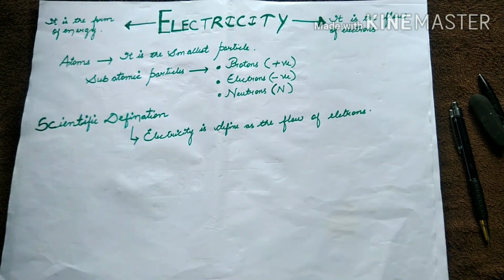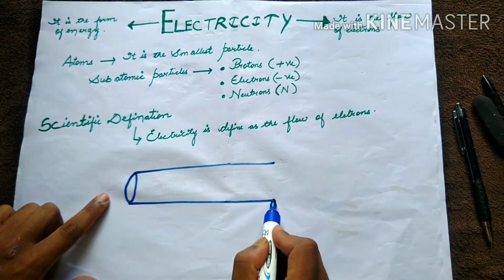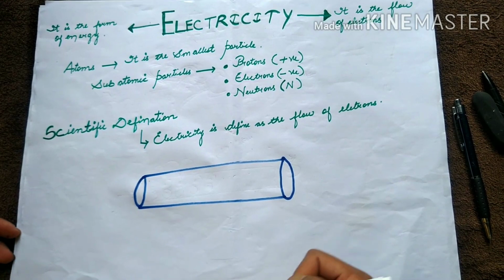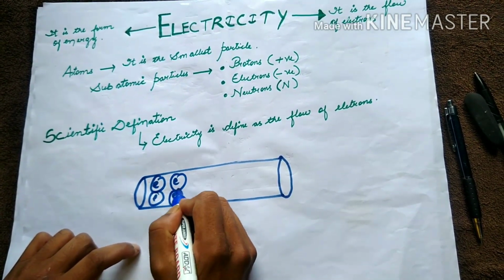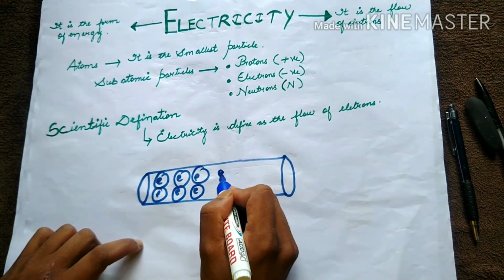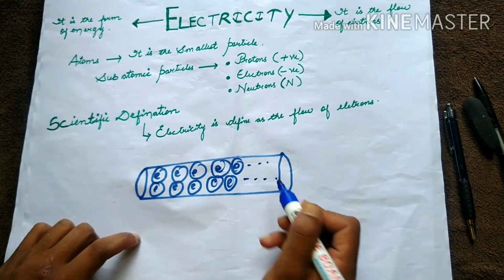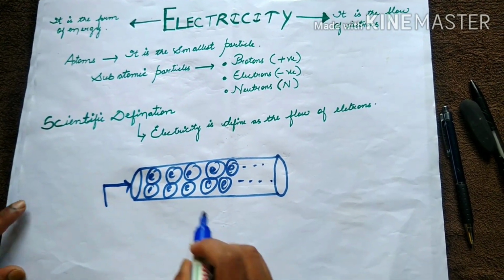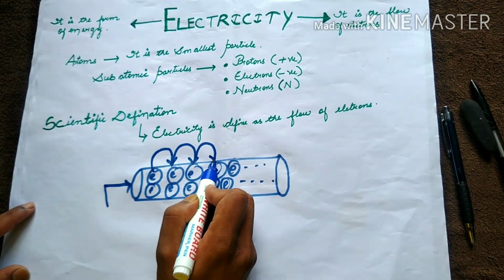All right. So I will draw one diagram here. Suppose this is a conductor. Any conductor, you can take aluminium, zinc, any metal. Inside any conductor, there are electrons, millions and millions of electrons. When current is applied to it from any source, the electrons push one another.